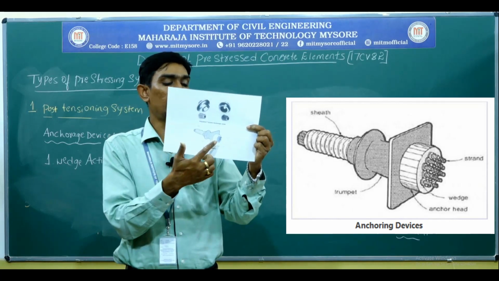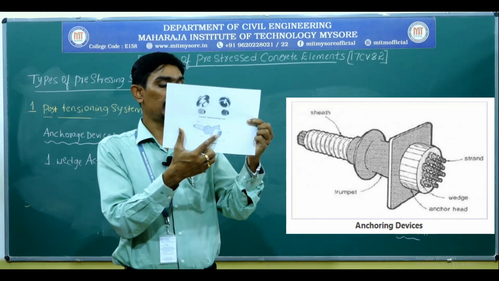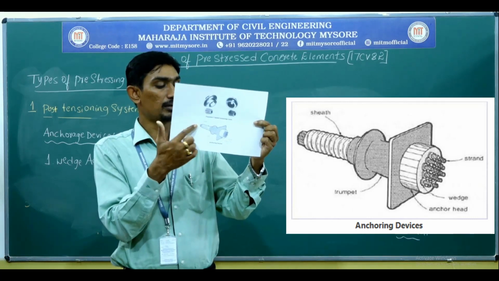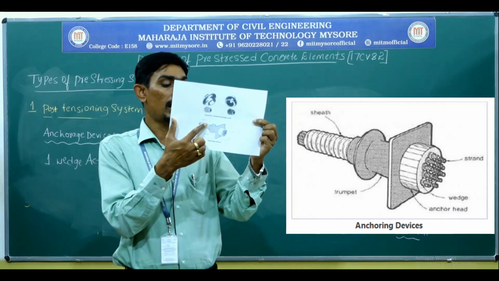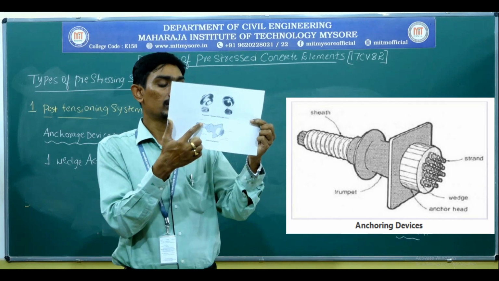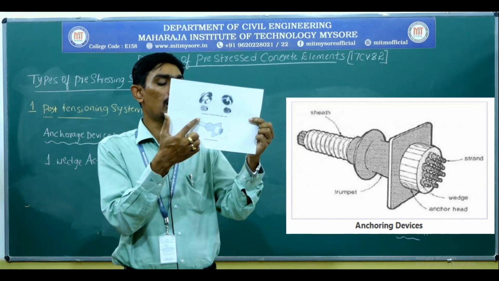You can see at the ends how it has been anchored. The number of wires has been accommodated inside, and this is the sheet. Inside it, all the tendons will be housed.